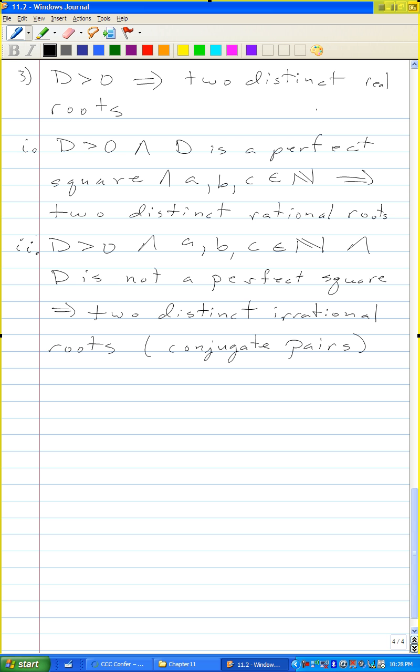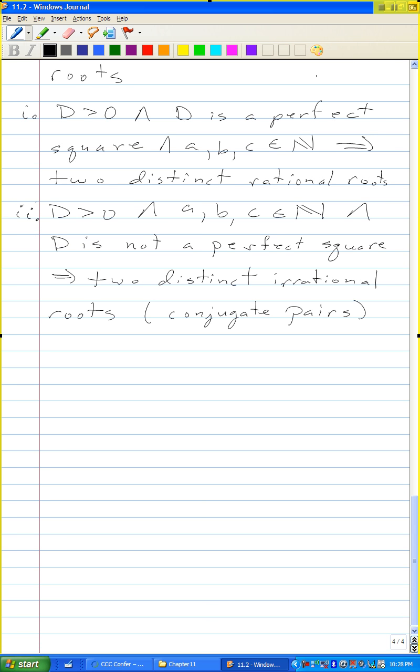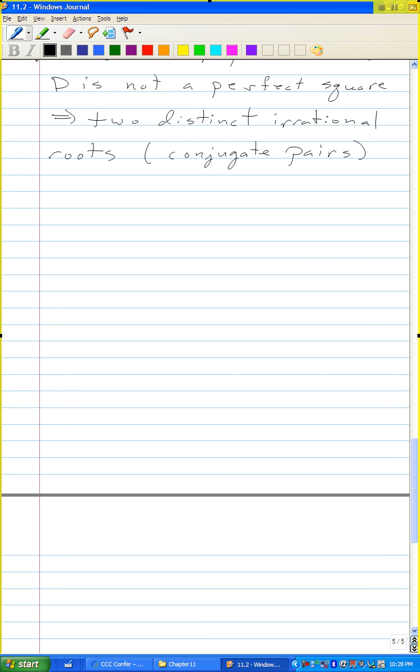Let me just do some examples on page 468. Let me do problem number 2: 6x squared minus 3 equals negative 7x.